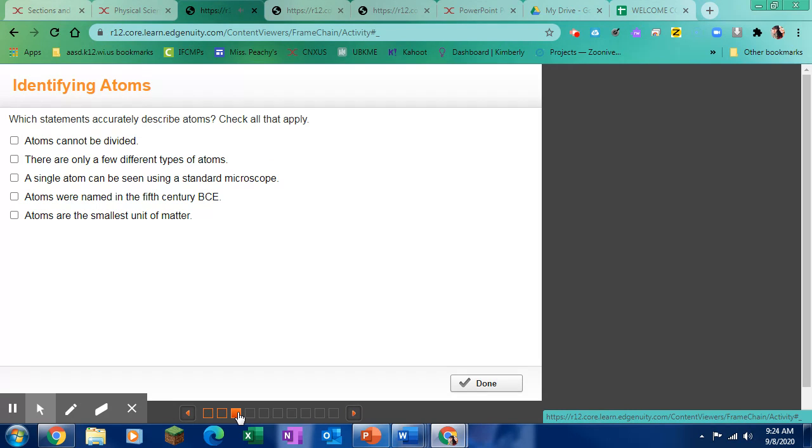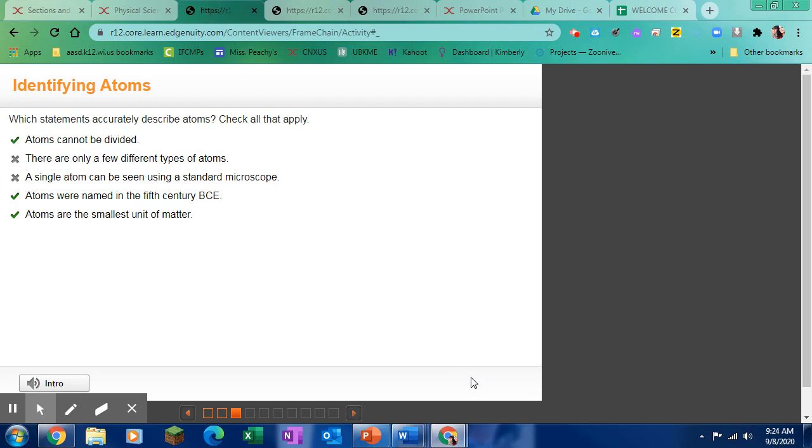Select all of the statements that accurately describe atoms. It really should say atoms cannot be divided and still retain the properties of the atom, because we know we can actually split atoms, but it's a little bit technical.